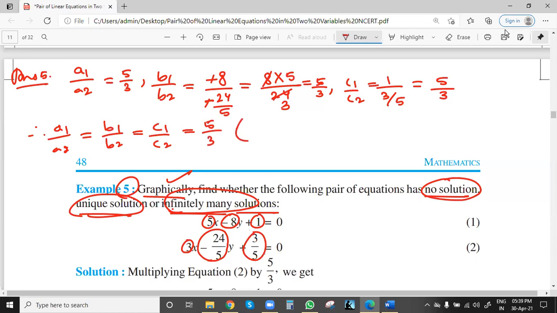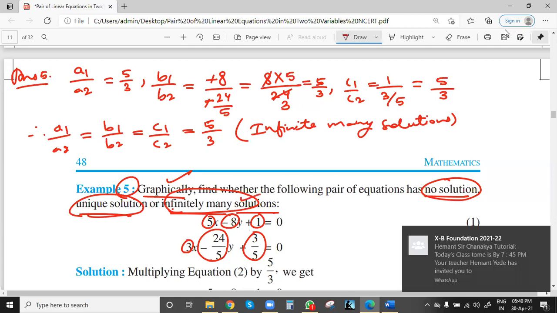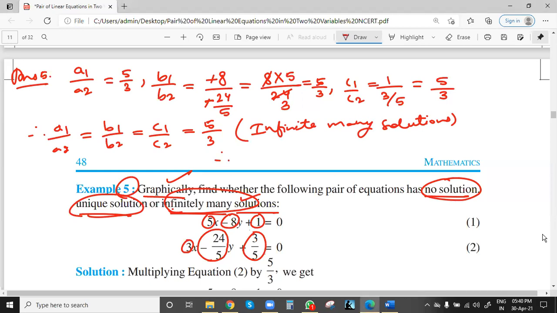So from the property we know there are infinitely many solutions, and from these three options, it is infinitely many solutions. We write that the lines will coincide. You can draw a rough diagram.